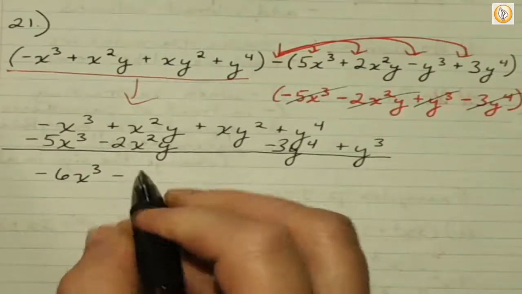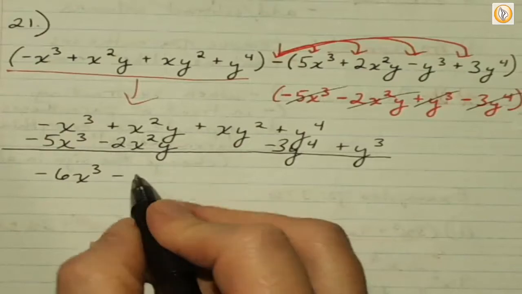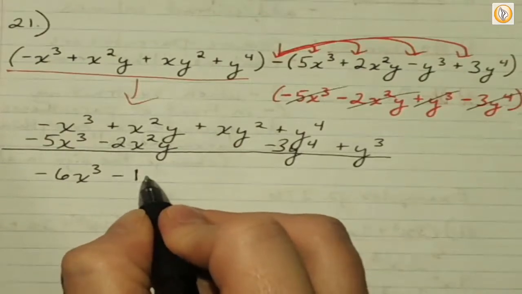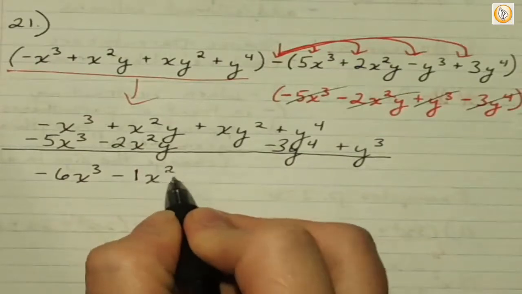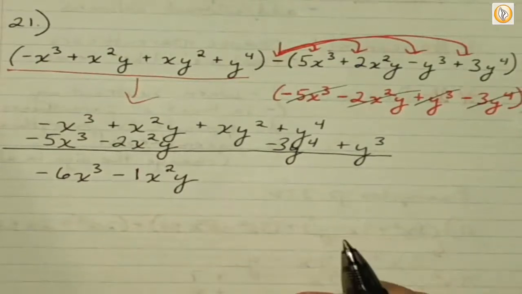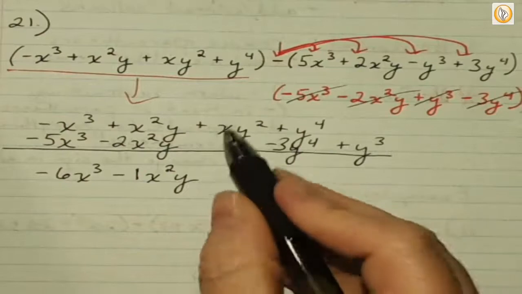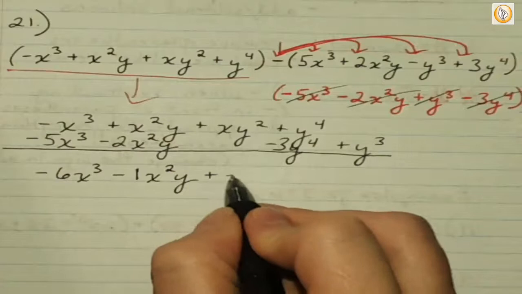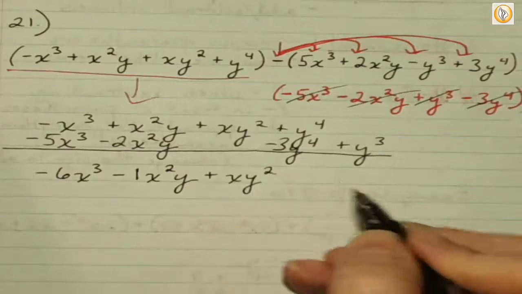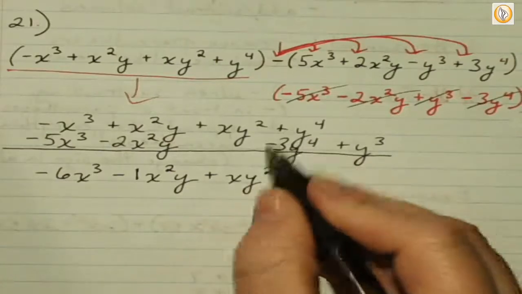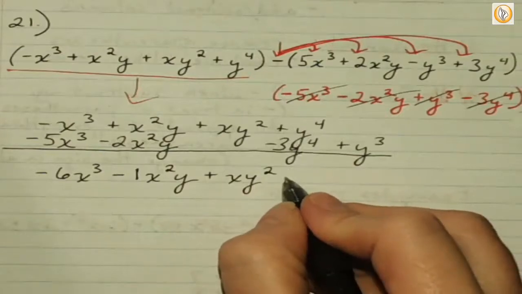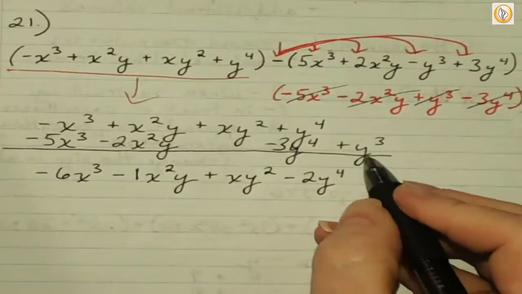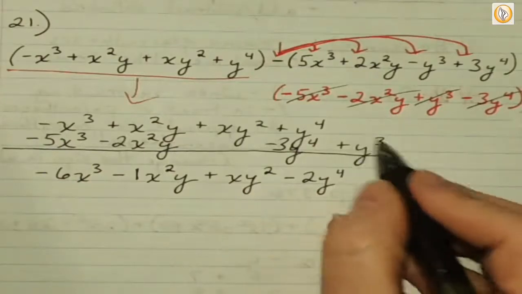Negative 1 x squared y. Perfect. What would this be? Perfect. What would this be? Negative 2y.